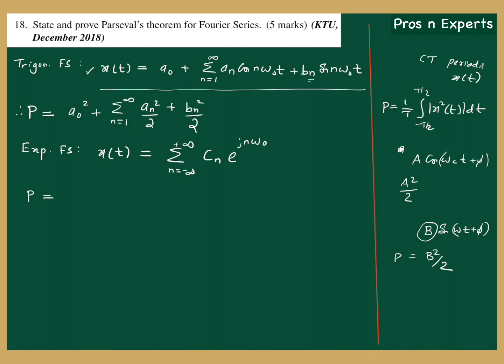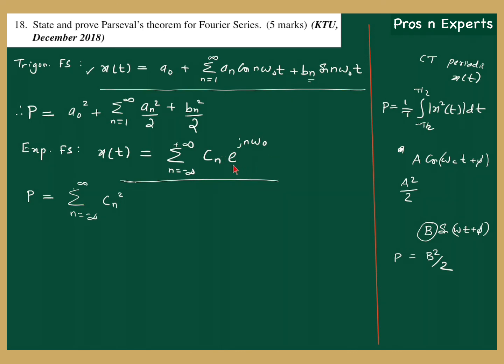So what is the power from this expression? It is equal to 1 by T, for one time period, sigma n equal to minus infinity to infinity, cn square into e raised to j n omega 0 t square, right?